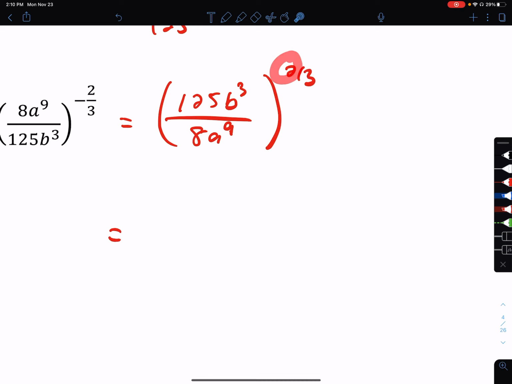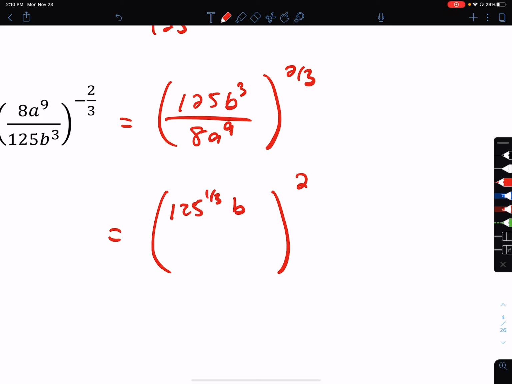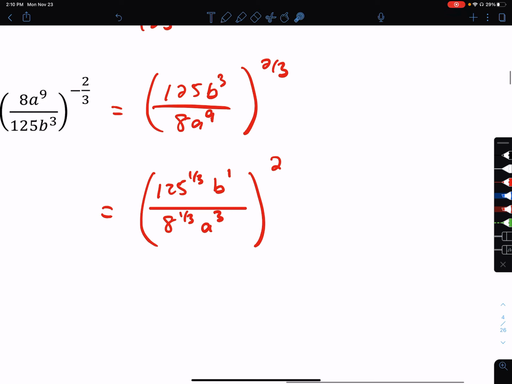I'm going to leave the 2 on the outside, and I'm going to multiply by the 1/3 from the outside. So I'm leaving the squared out here. So I'm going to have 125 to the 1/3. B cubed times 1/3 is b to the 1st. Going to have 8 to the 1/3, and then a to the 3rd, because 9 times the 3rd is 3. So I used the 1/3 and distributed it.